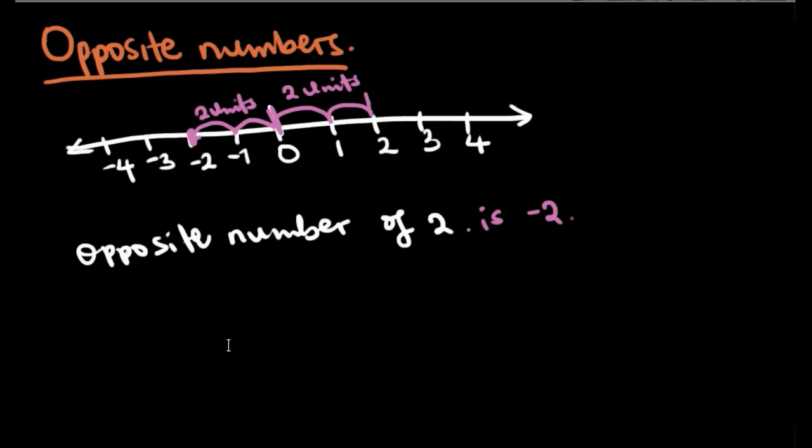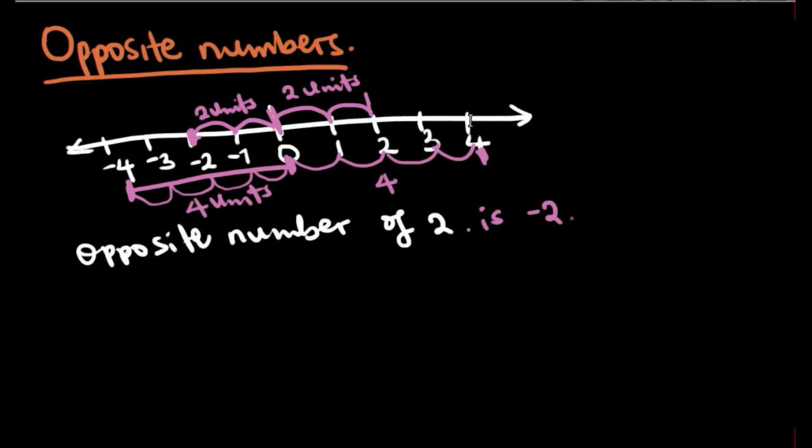If we look at, let's say, 4 and -4. Look at the distance from -4 to 0. We have 1, 2, 3, 4. 4 units. And let's move 4 units to the right of 0. 1, 2, 3, 4. We see that also we are stopping at 4.